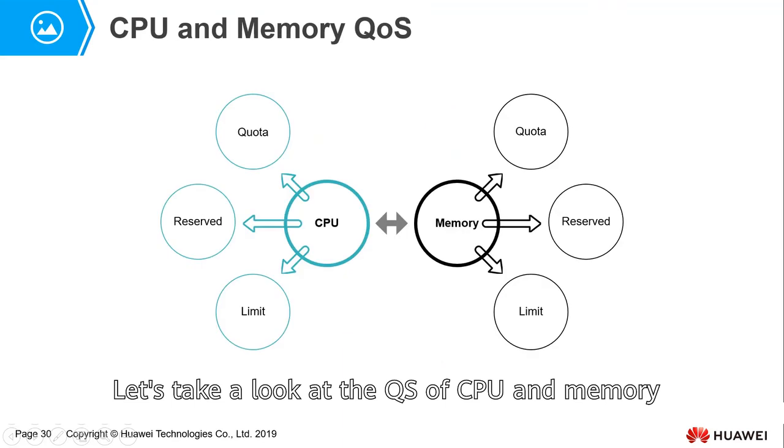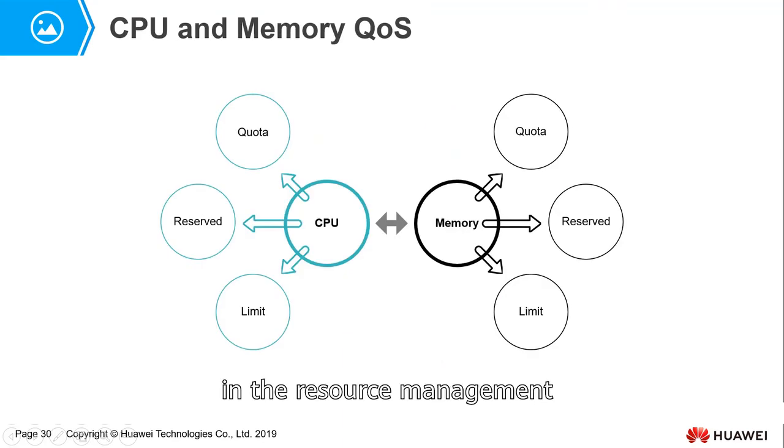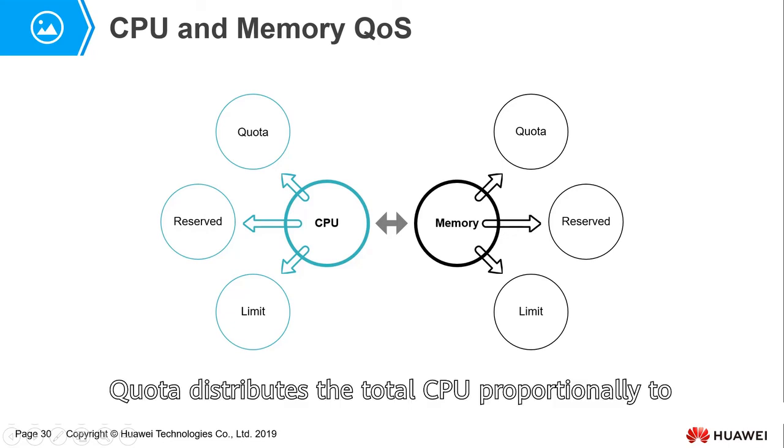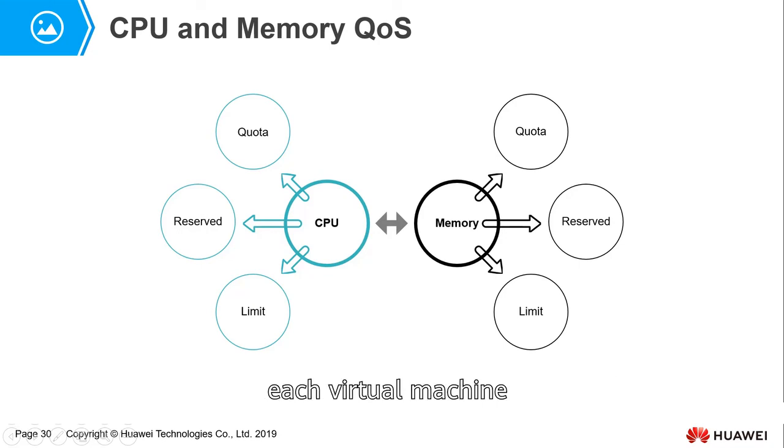Let's take a look at the QoS of CPU and memory in resource management. It is divided into three ways: quota, reserved, and limit. Quota distributes the total CPU proportionally to each virtual machine.